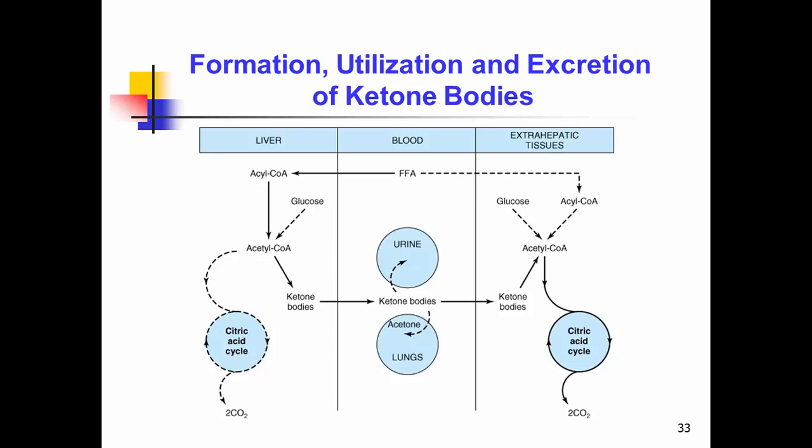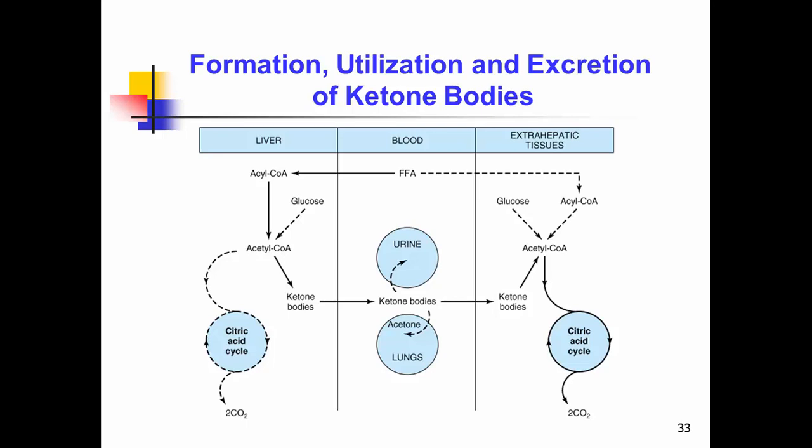And the liver then releases the ketone bodies once they're made into the circulation, and the other tissues pick them up for utilization as energy. I also mentioned the reason why our body needs to make ketone bodies instead of just directly utilizing fatty acids.